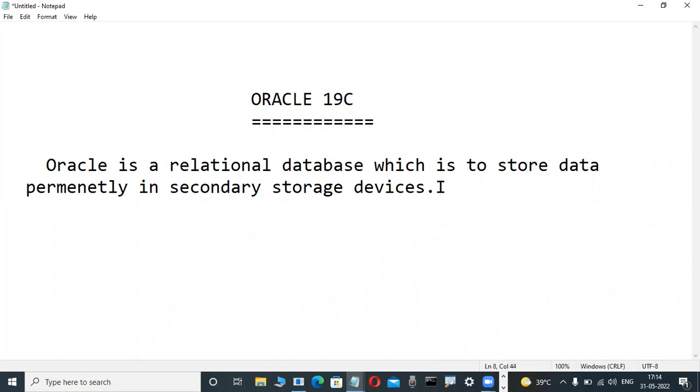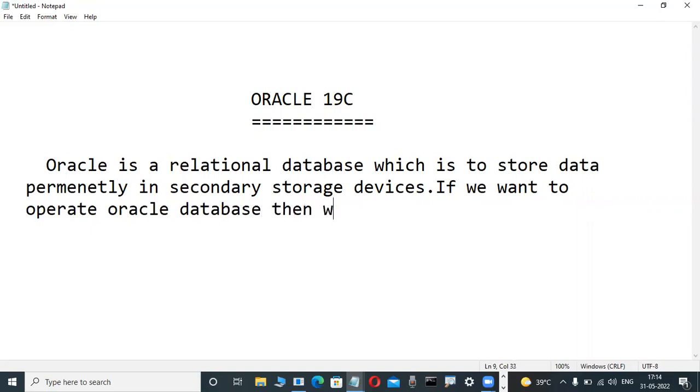If you want to write it fast, or if you already have an idea, fine. If you want to operate an Oracle database, then we use the following languages.